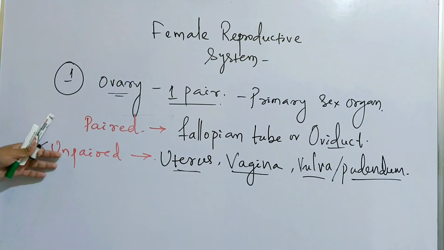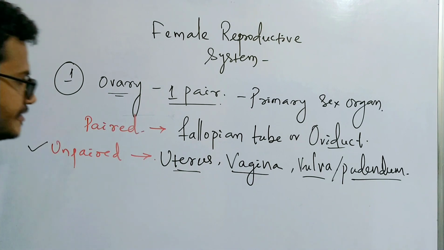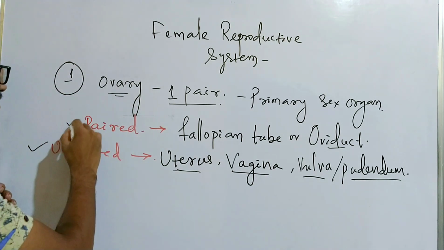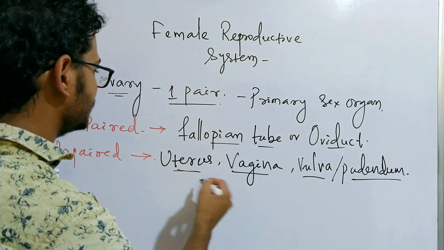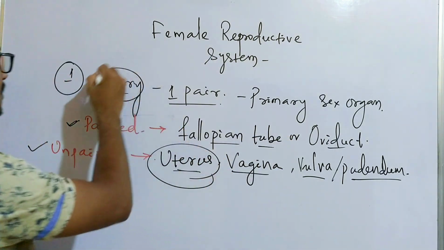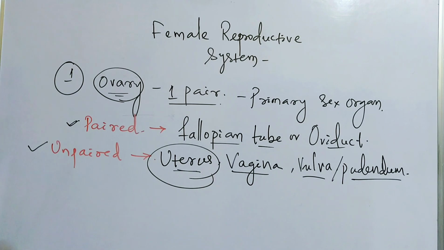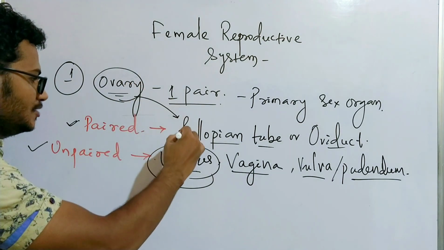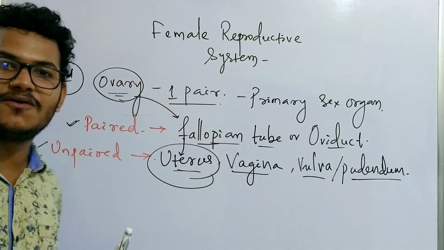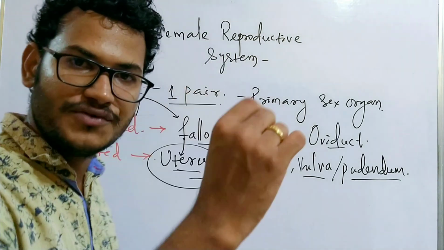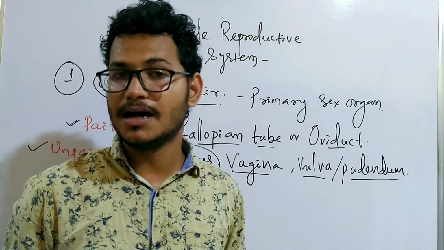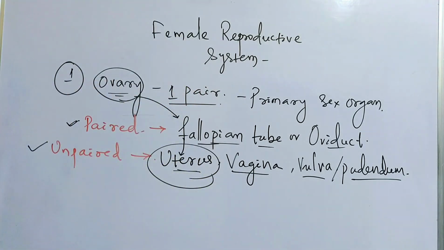It can also be called the uterine tube, because this tube connects the uterus with the ovary. The ovum is brought into the uterus with the help of this tube. That is why the fallopian tube or oviduct is also called the uterine tube.